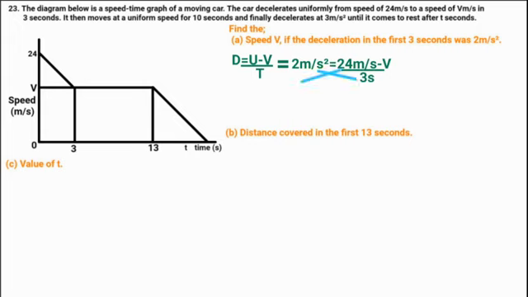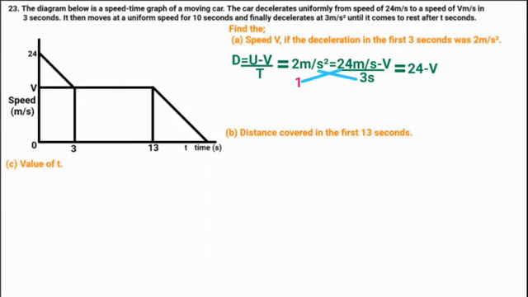Okay, so 24 will be multiplied by 1. If we write 2 over 1, the 2 hasn't lost its value, so the value will be the same. Then what we're going to do now is write 24 meters, or 24 minus v.